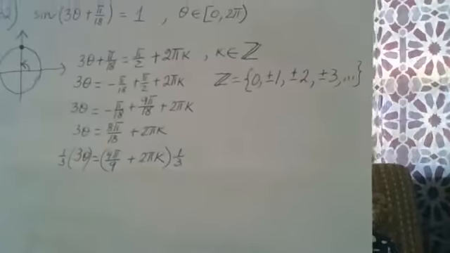So I'm going to multiply both sides by 1/3, because multiplication by 1/3 or division by 3 mathematically will give the same result. Can you see what I did? Now I'm going to finish that. 1/3 times 3 is theta. 1/3 times 4 pi over 9 will be 4 pi over 27. 2 pi k times 1/3 will be 2 pi over 3 times k.